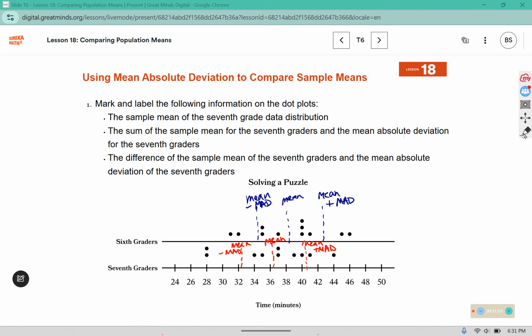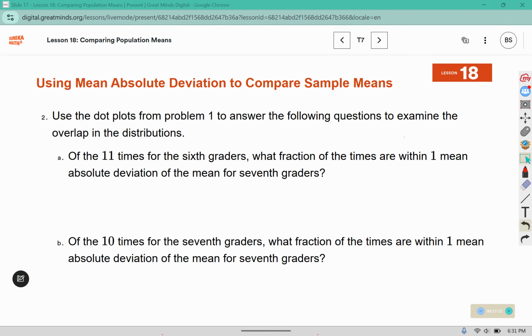Well, if we go back and look at the mean and the mean absolute deviations for the 7th graders, if we continued these lines here, we can see that there are 1, 2, 3, 4, 5, 6 out of the 11. Because it's the fraction of 6th graders that are within one mean absolute deviation of the 7th grader data.